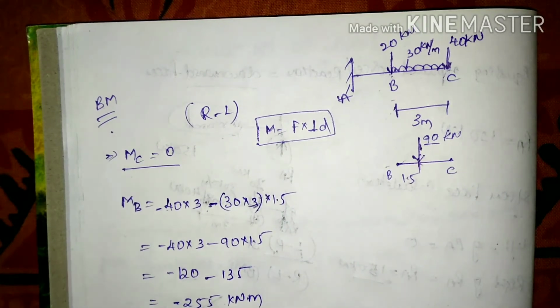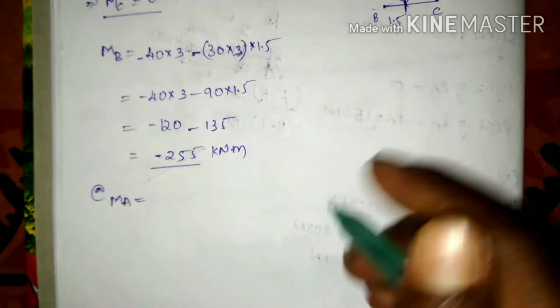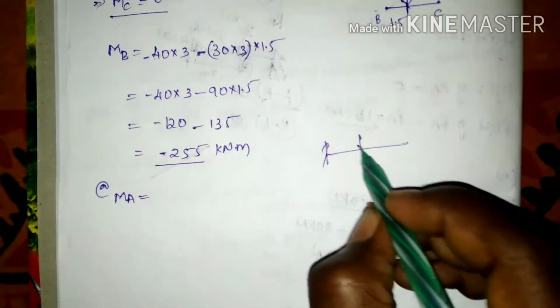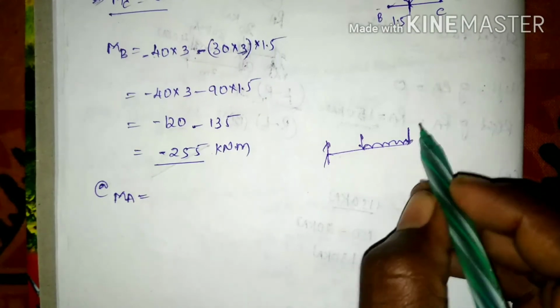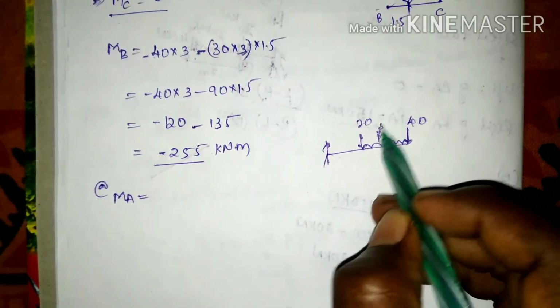And moment about A is equal to, for the moment about A, this is 40 kilonewtons, 20 and this is 30.